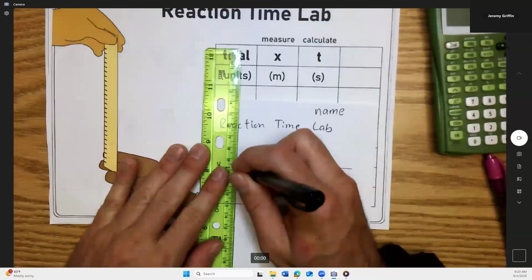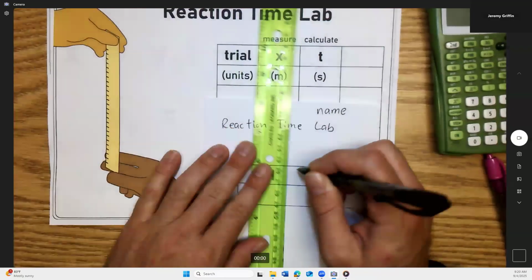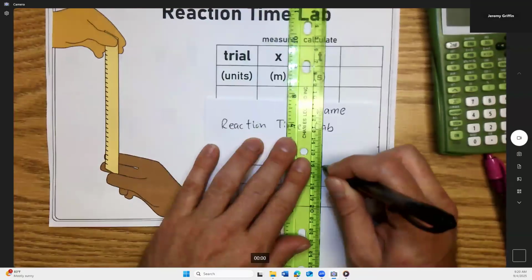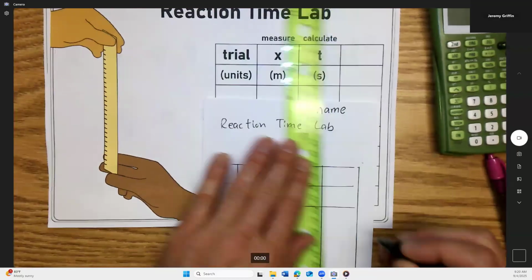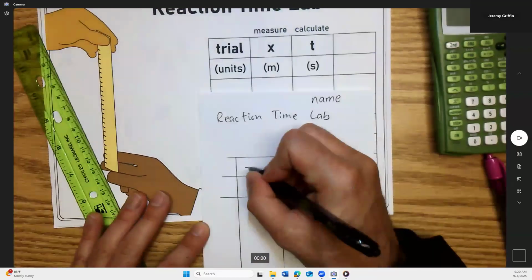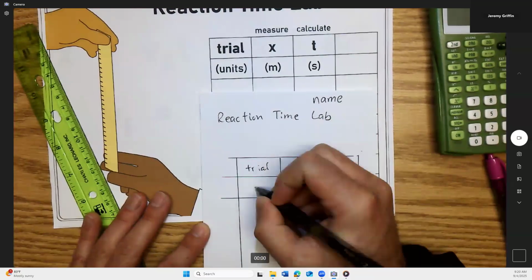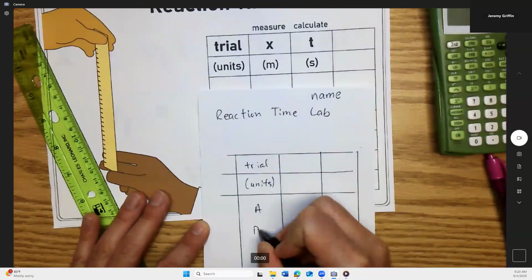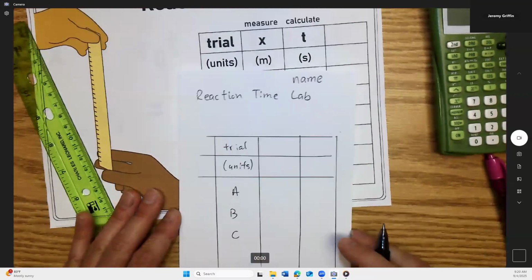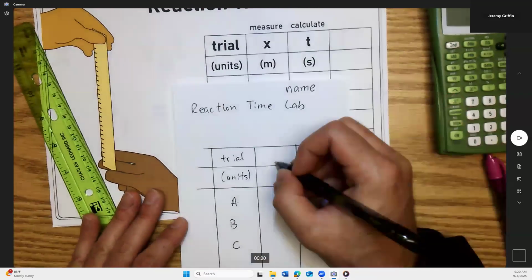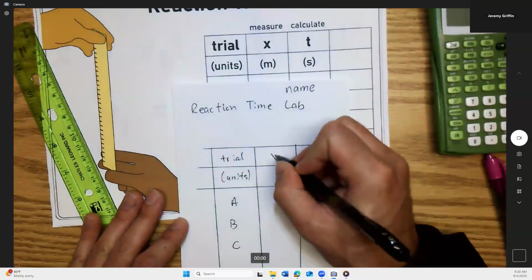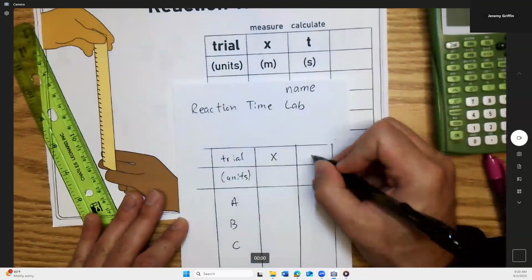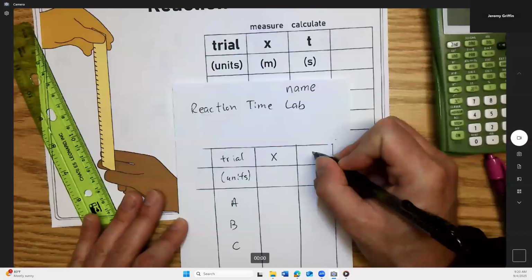It's something like this. We'll have different trials and units. You have trial A, trial B, trial C, or trial 1, 2, 3. You do it. How far does the roller fall? And what's the time?